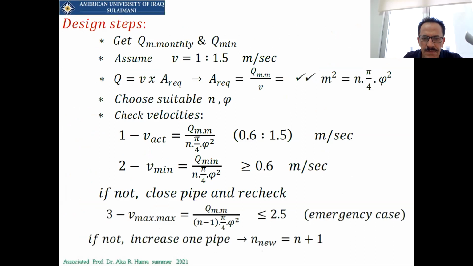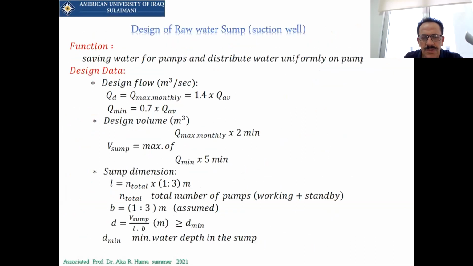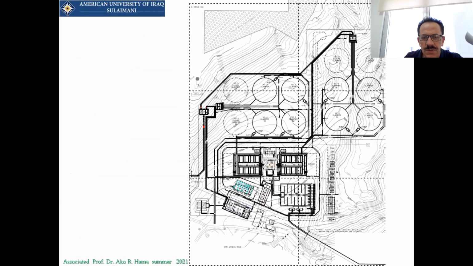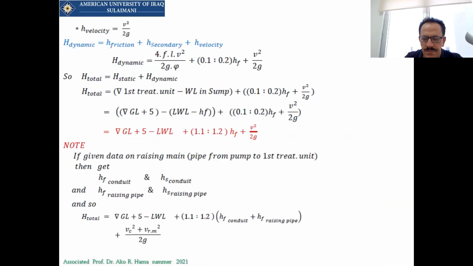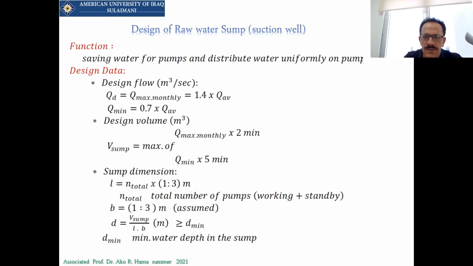But before that, we need to know the volume of this tank. The volume of this sump tank, or suction well, will be based on the design flow, which is the Q maximum monthly, and the minimum flow, which is 0.7 times the Q average.